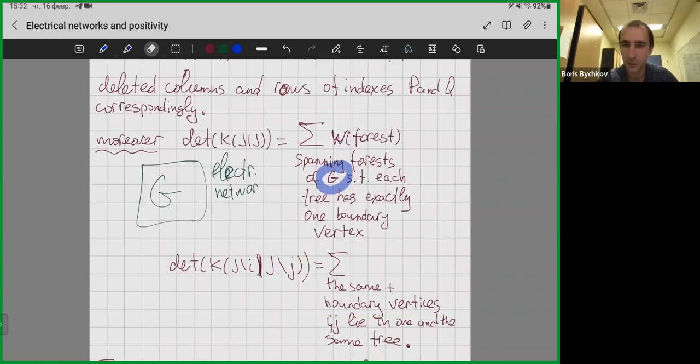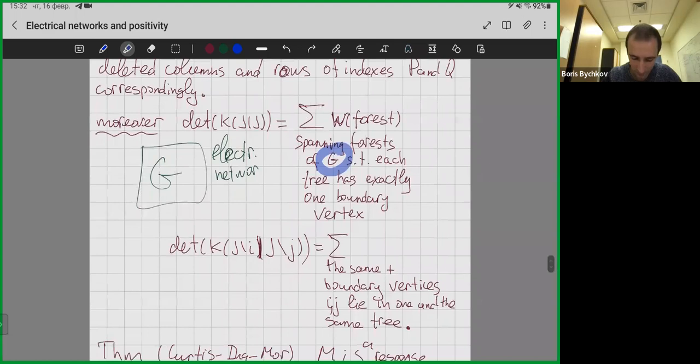У меня сначала написан знаменатель, а потом числитель. Знаменатель — это просто сумма по всем весам лесов. Вес графа — это произведение весов ребер, входящих в этот граф. Каких лесов? Таких, что каждое дерево в этом лесе содержит ровно одну граничную вершину.